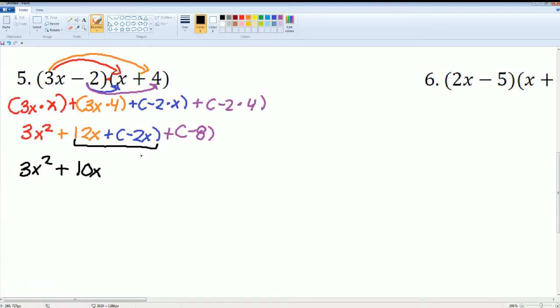Bring down the plus negative 8, which just becomes minus 8. If you don't believe me, look. What is 12 subtract 2? That gets you 10. Bring x here, x here, x here. That should justify why 12x plus negative 2x gets you 10x.